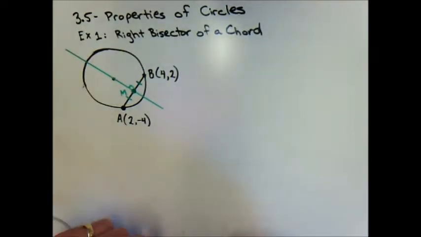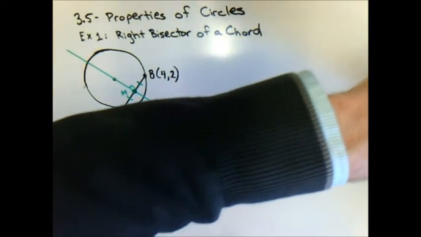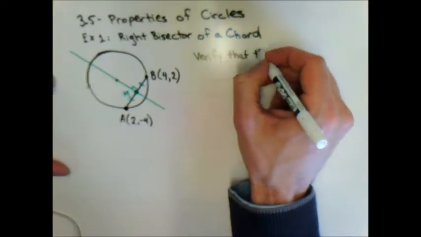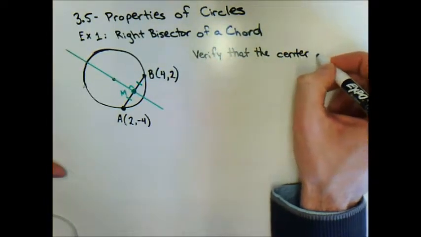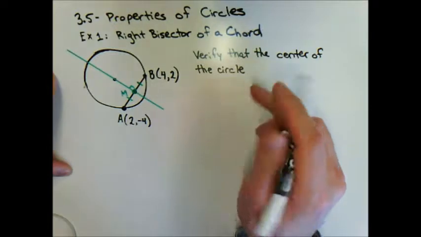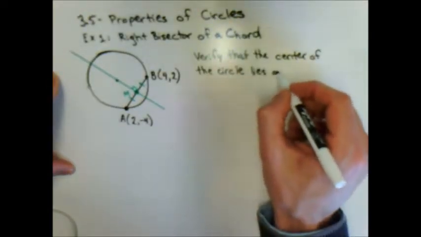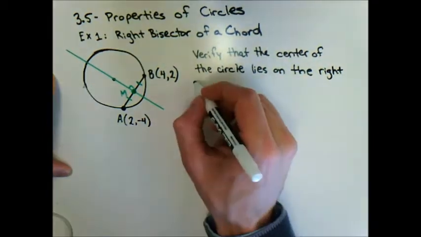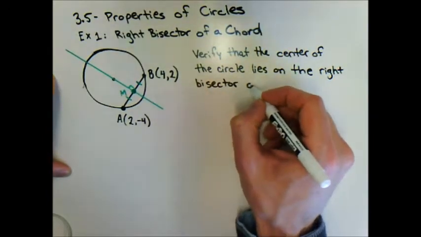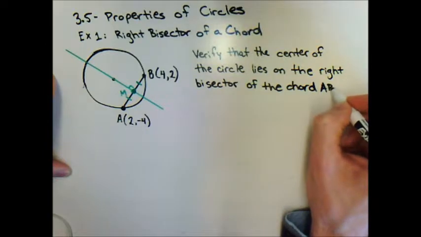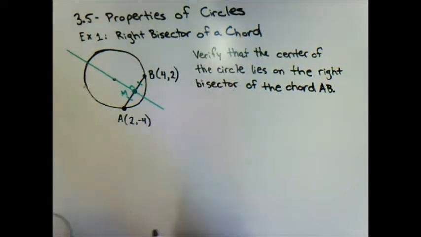So here we have the right bisector of a chord, and what we need to do is verify that the center of this circle lies on the right bisector of the chord AB.